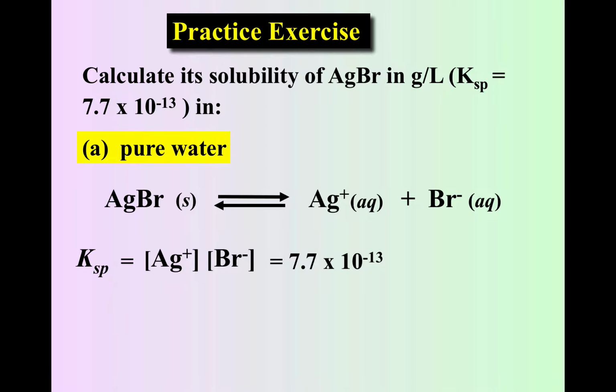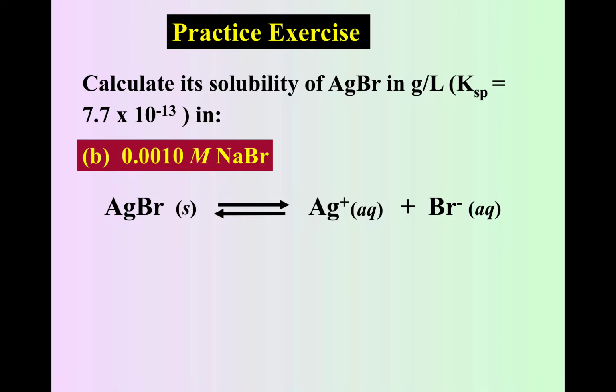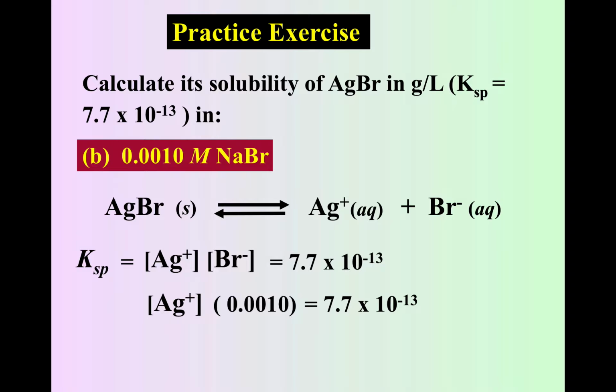So in pure water, when this breaks apart to form X amount of silver and X amount of bromide, X times X is X squared, set it equal to the KSP value, solve for X, and this is the solubility of silver bromide in water. When you've got the common ion, you're starting out with a whole bunch of bromide in there, so it's going to lower the silver concentration.